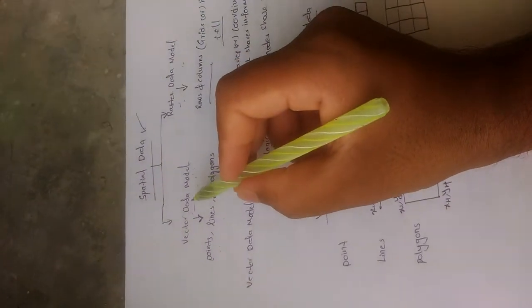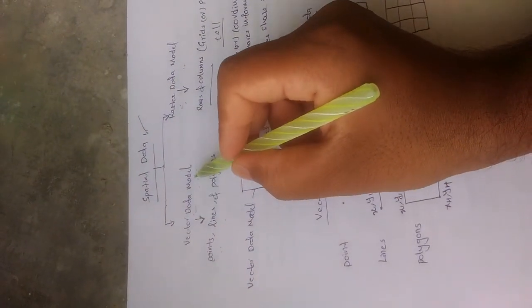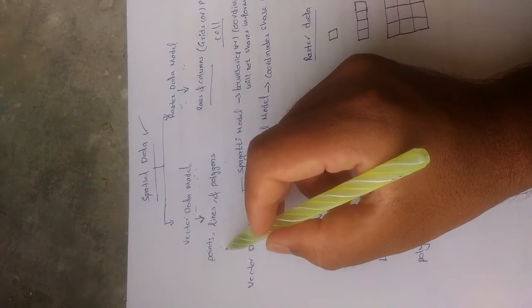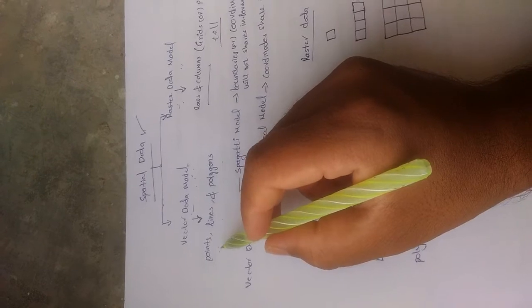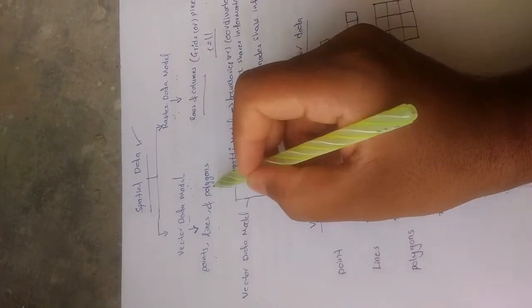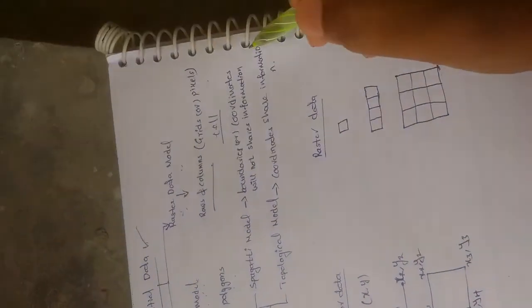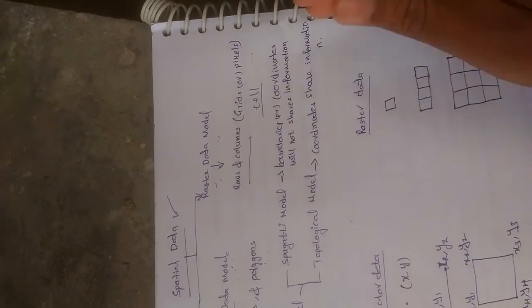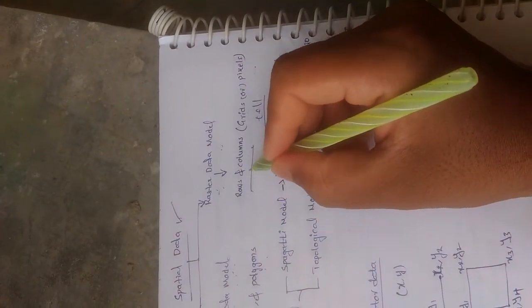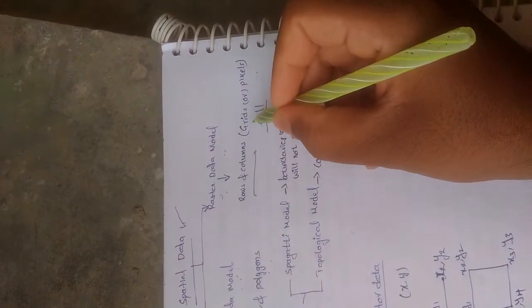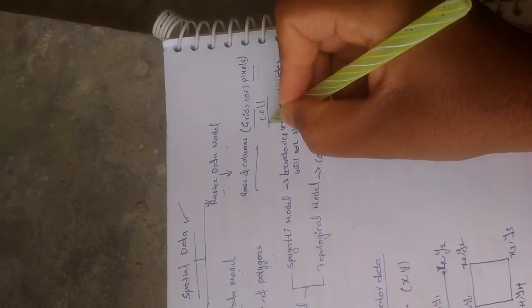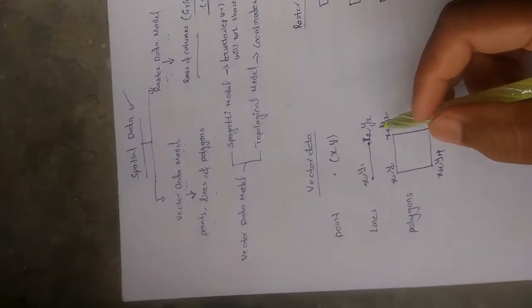In the vector data model, the geographical spatial location is represented in terms of points, lines, and polygons. Coming to the raster data model, it is represented in terms of rows and columns, or we can say grids or pixels, or cells.